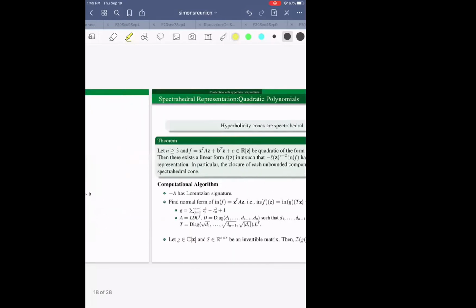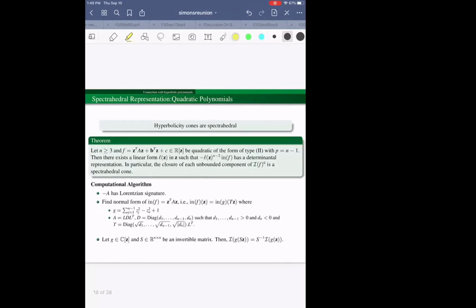Our next result derives one well-known result, which says that hyperbolicity cones defined by quadratic polynomials are always spectrahedral.